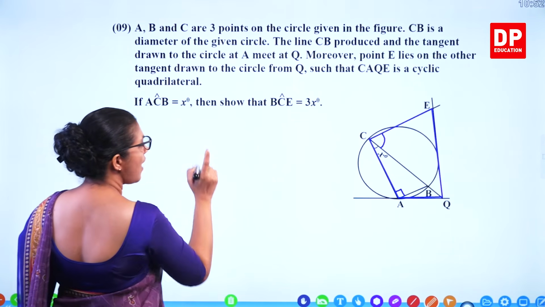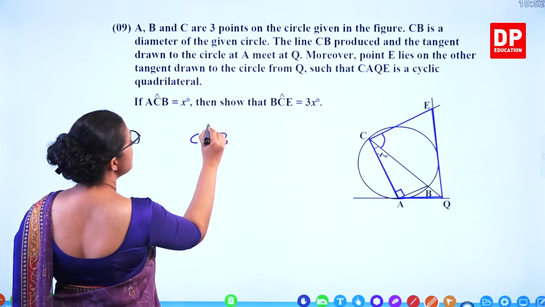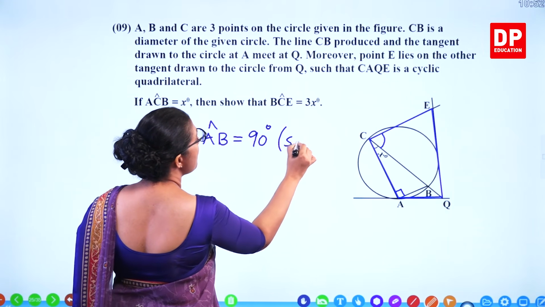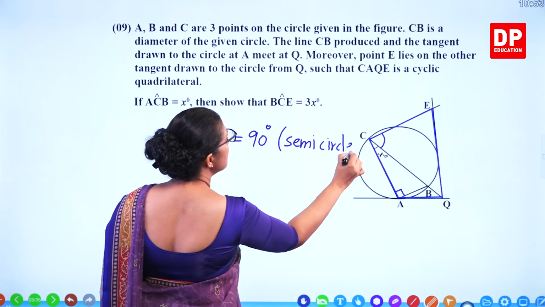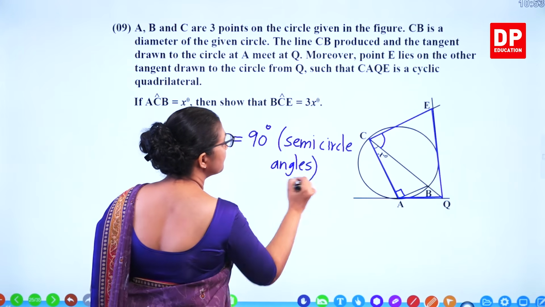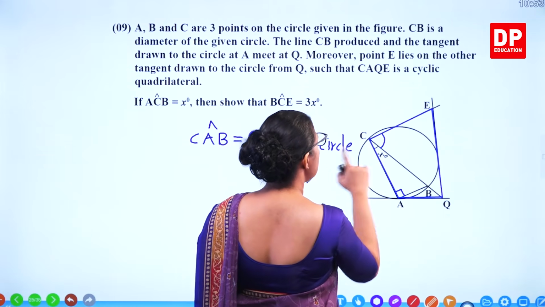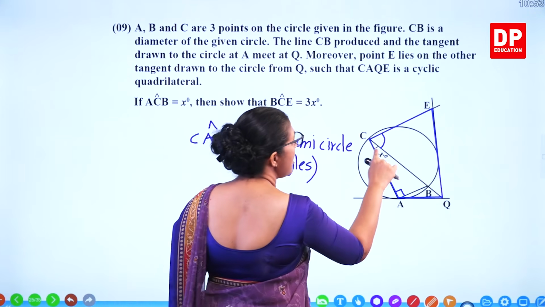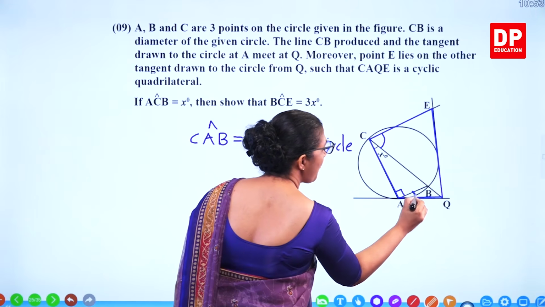First thing you can write, CAB angle is 90, semicircle angle. So this is 90 and this is x. And if this is x, what is this angle?